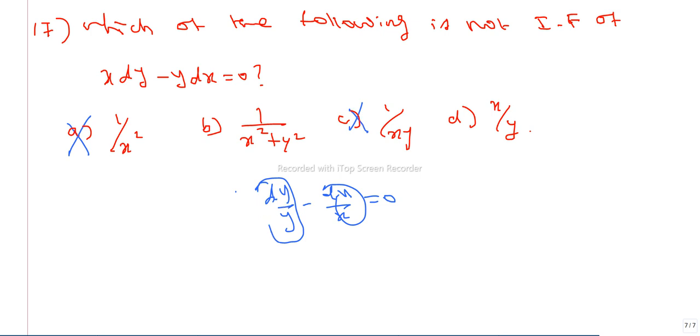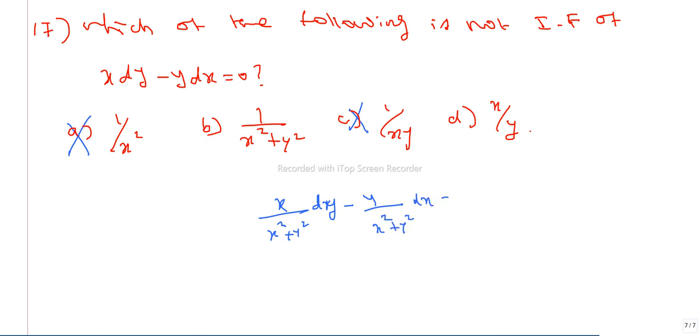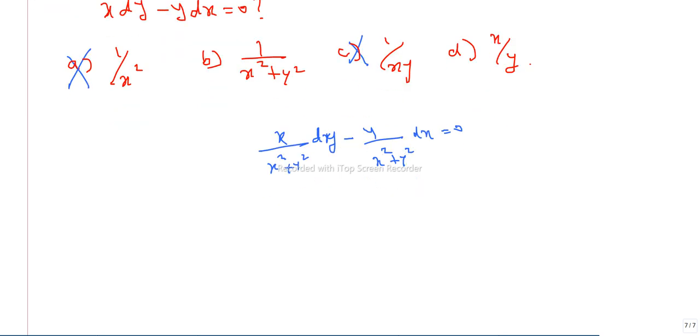Got it? Now if you multiply with 1 by x square plus y square, is it exact or not? We have x by (x square plus y square) into dy minus y by (x square plus y square) into dx equal to 0. Why is this exact? Take M as minus y by x square plus y square and N as x by x square plus y square.